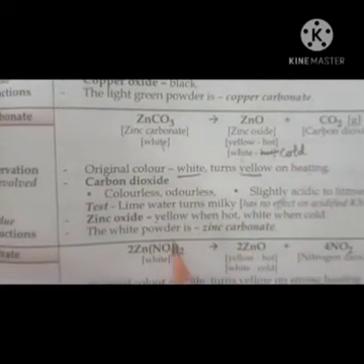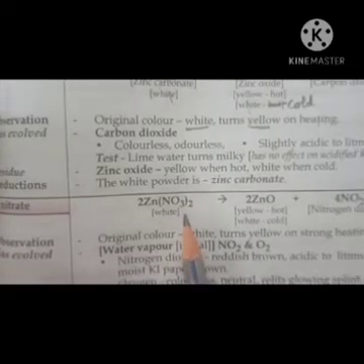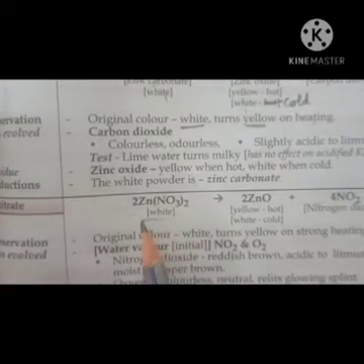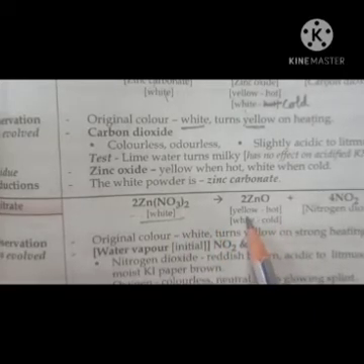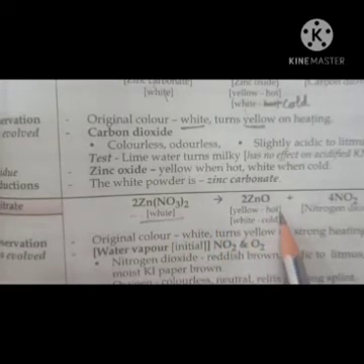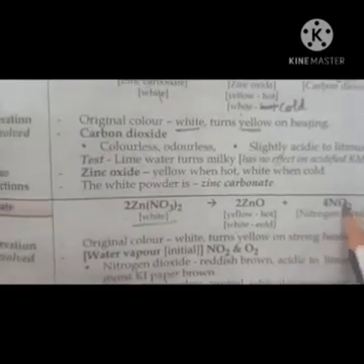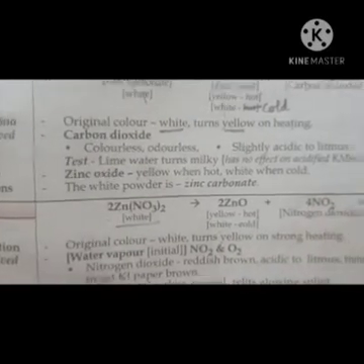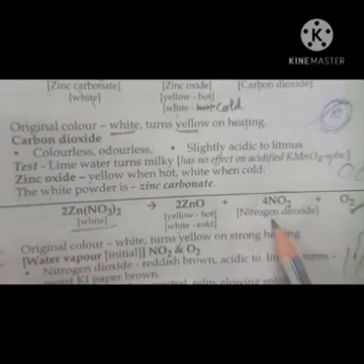Okay, now next is zinc nitrate. Zinc nitrate is also white in color, but on heating it gives the same yellow zinc oxide when it is hot and turns white on cooling, and gives which gas? Nitrogen dioxide gas and oxygen gas. Just remember, zinc nitrate gives two gases, nitrogen dioxide, which is reddish brown in color.